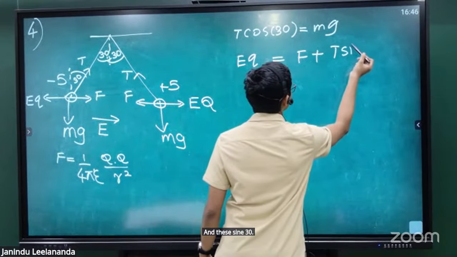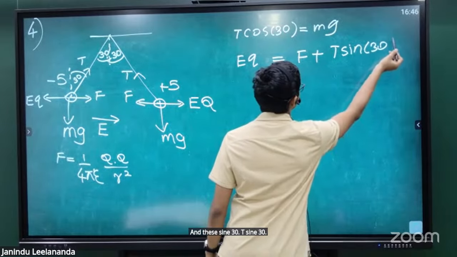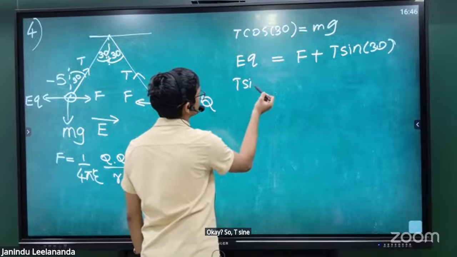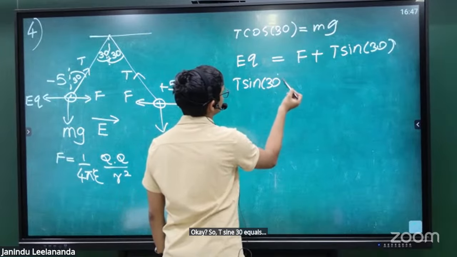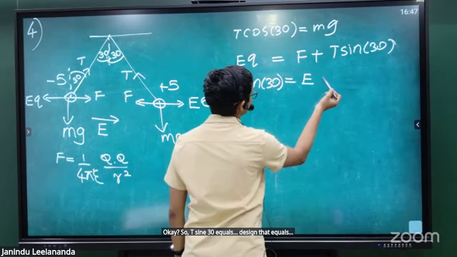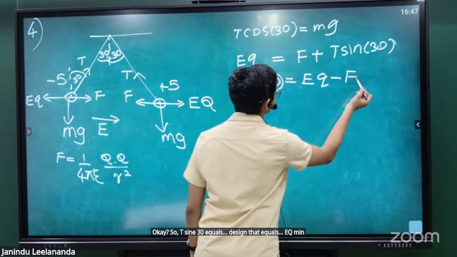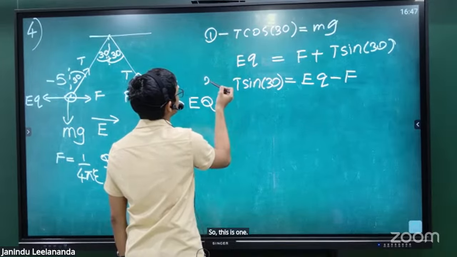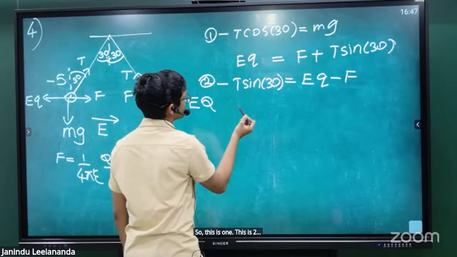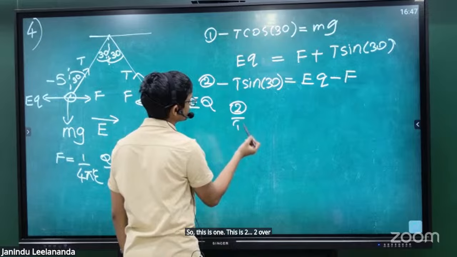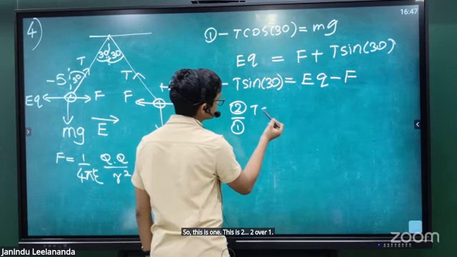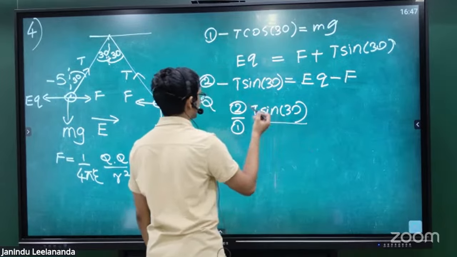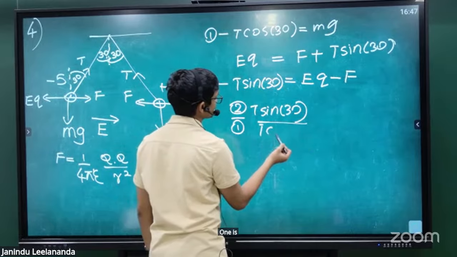So T sine 30 equals EQ minus F. So this is 1, this is 2, 2 over 1. 2 is T sine 30, 1 is T cos 30.